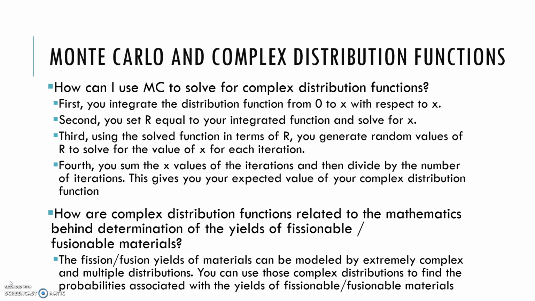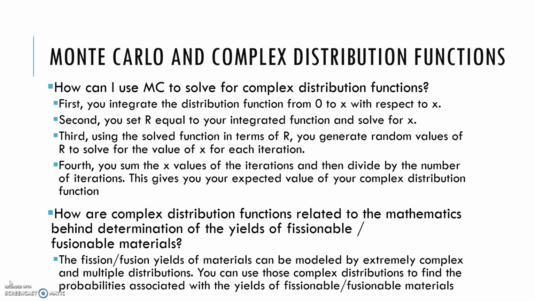Now we're going to answer the question, how can you use Monte Carlo to solve for complex distribution functions? There are some fairly simple steps that you can repeat over and over again for different problems and come to the right answer. First, you integrate the distribution function from 0 to x with respect to x.